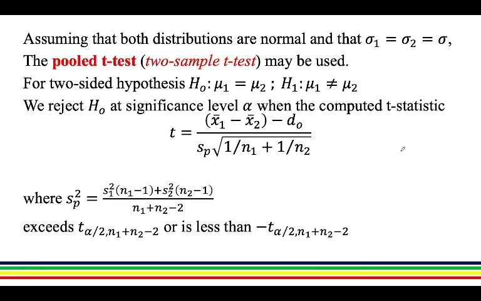We will be rejecting the H0 at significance level alpha when the computed t-statistic, or the t-value, denoted by this formula, exceeds t alpha over 2, n1 plus n2 minus 2, or is less than the negative t alpha over 2, n1 plus n2 minus 2. So this is basically the same as a two-tailed test on the z-value.